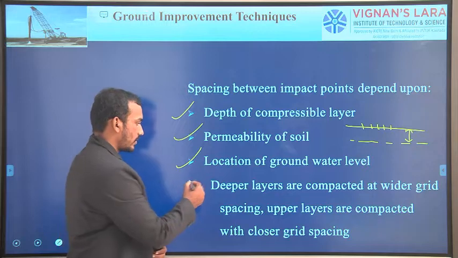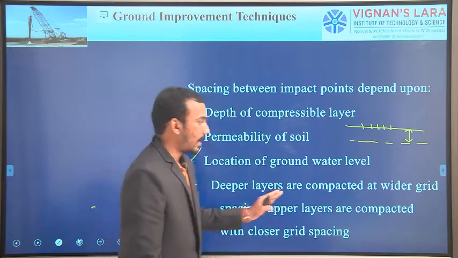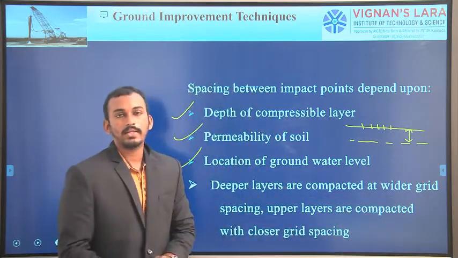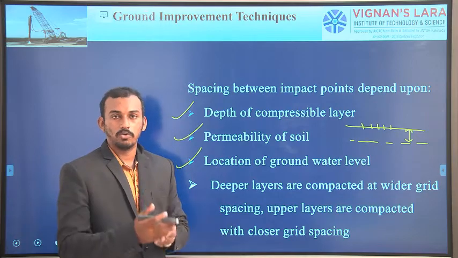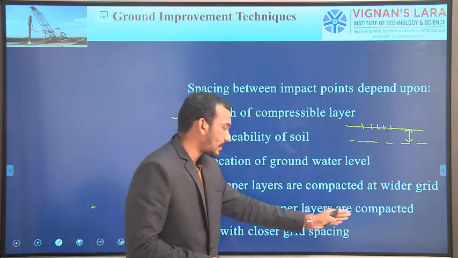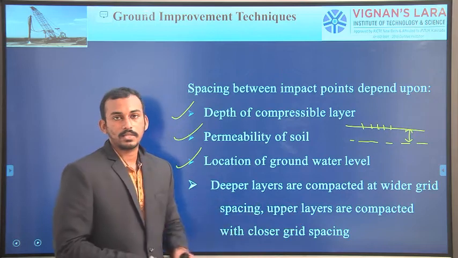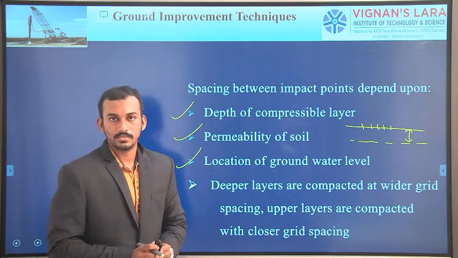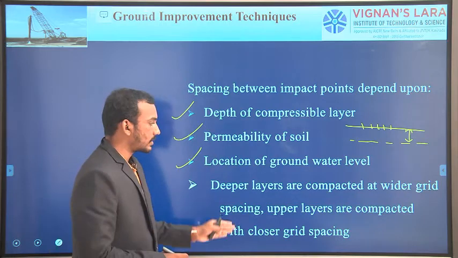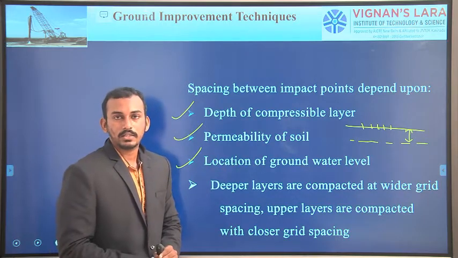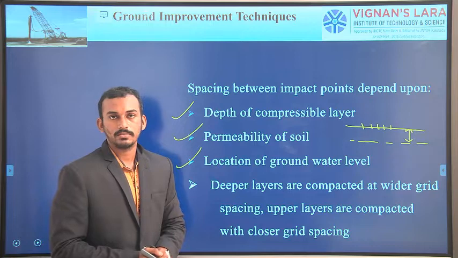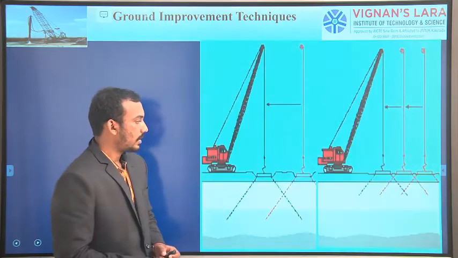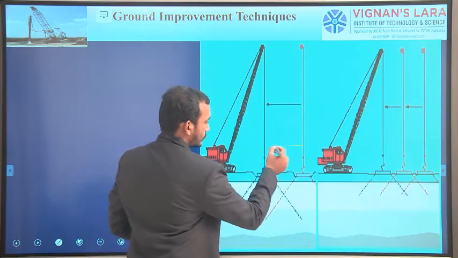Okay. The next one is deeper layers are compacted at wider grid. Wider grid means the spacing is more. Upper layers are compacted with closer grid spacing. Closer grid means the spacing between the intervals is very less. Okay, so these four are the major factors that affect the spacing of intervals. Okay, see, this is the spacing.